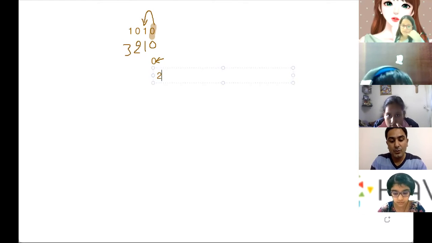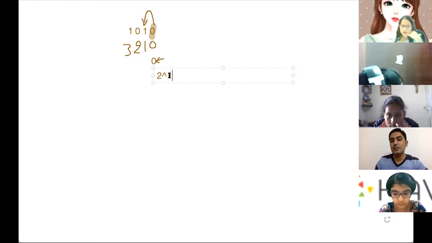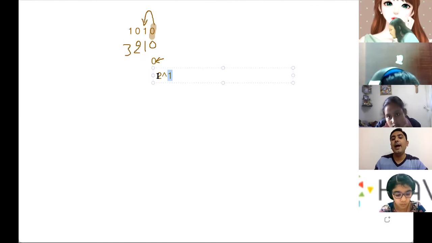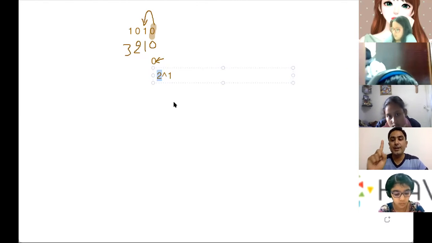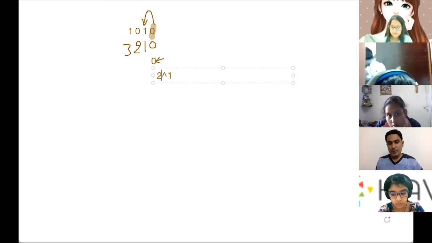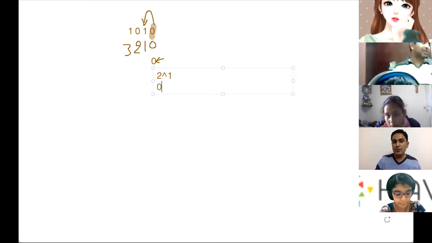2 raised to 1. The position becomes the exponent, and 2 becomes the base if the digit is 1. Now we have 0, so nothing to do.